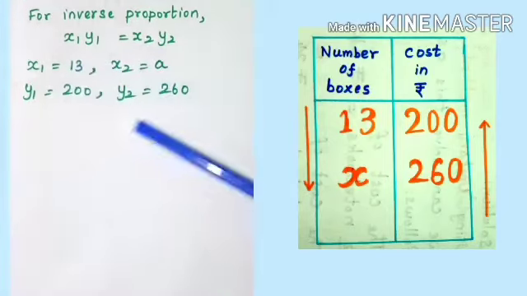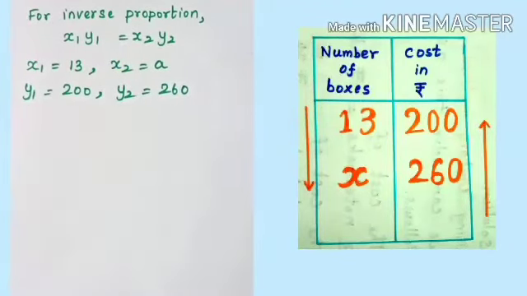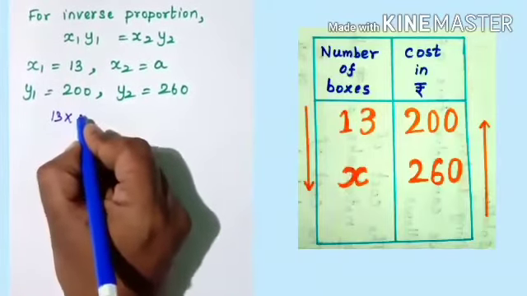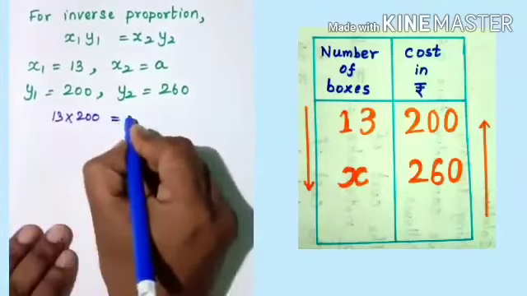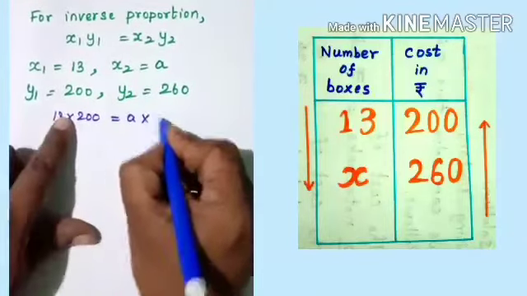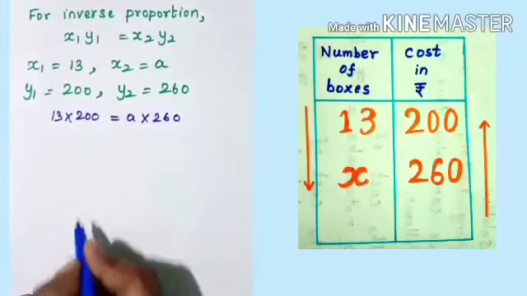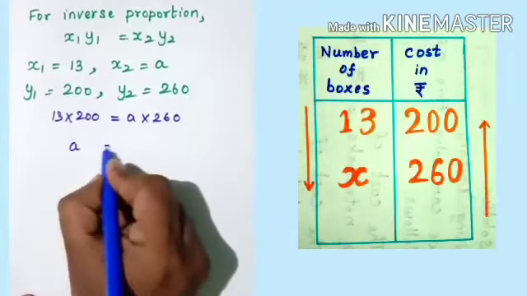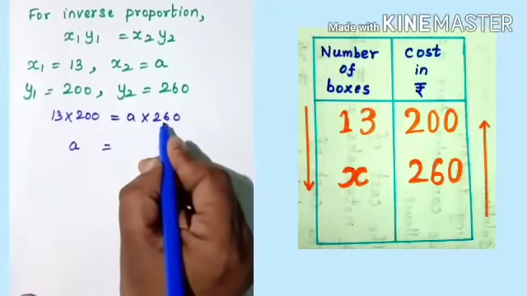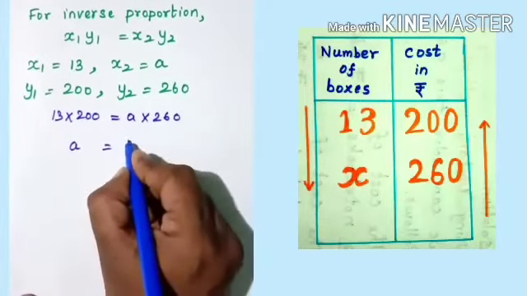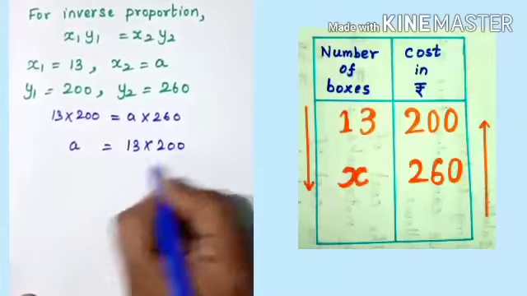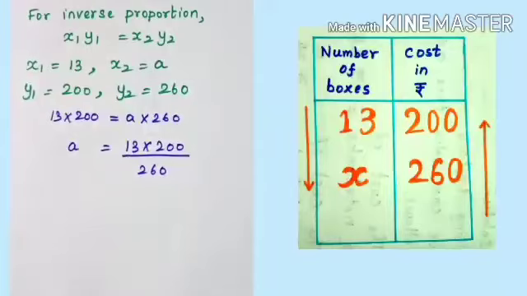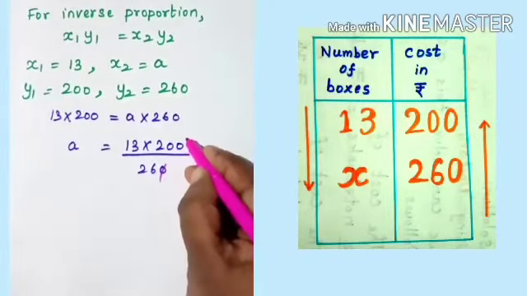Now substituting all the values in this condition we get x1, 13 into y1, 200 is equal to A into y2. The value of y2 is 260. Now we need the value of A. So keep A on one side and bring the 260 to the other side. We get 13 into 200, the whole divided by 260. Now cancelling 0, 0.